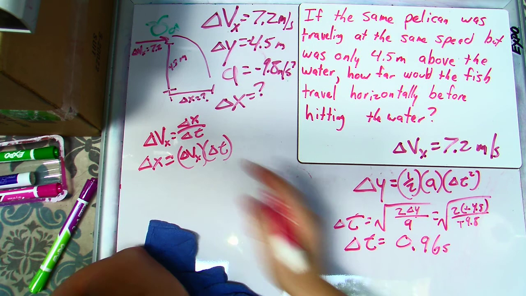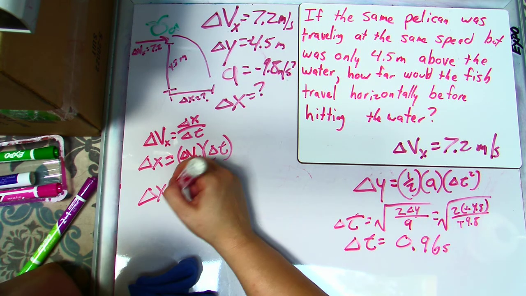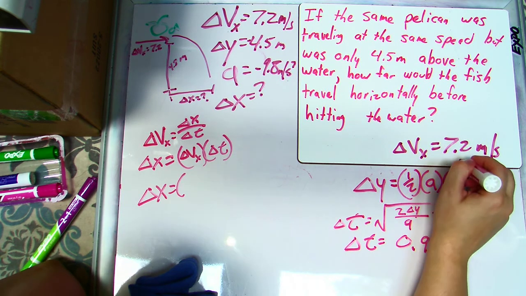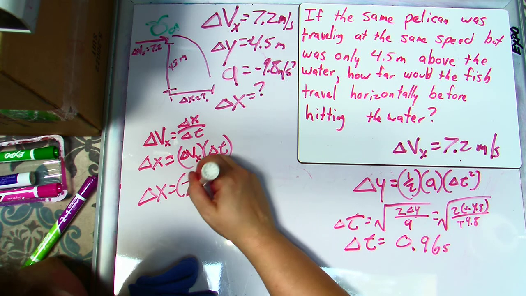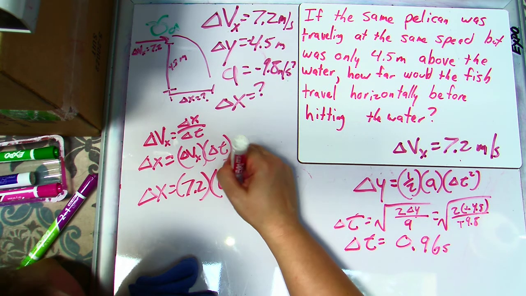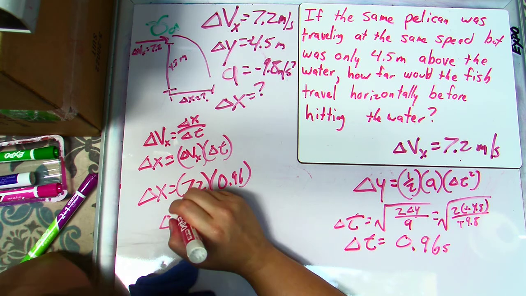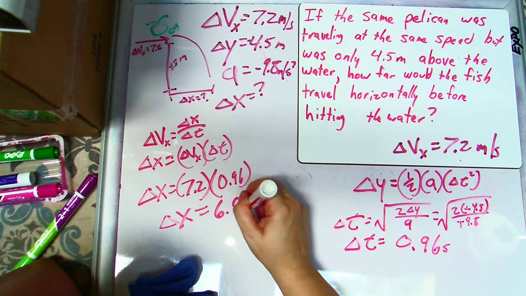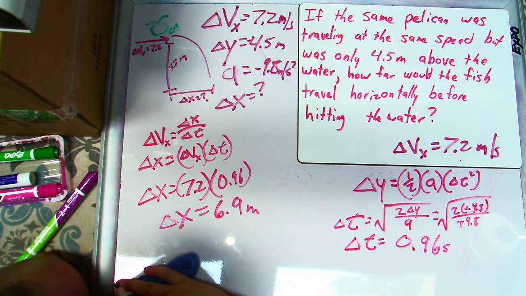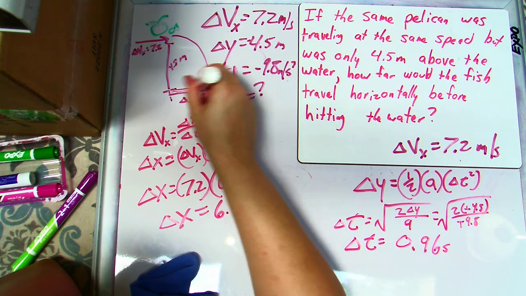We take our time, we plug it in over here. So delta x equals, we use the same velocity from the last one because it told us to, 7.2 meters per second, times 0.96 seconds. The fish traveled 6.9 meters horizontally before it hit the water. So that's how far it moved in this direction.